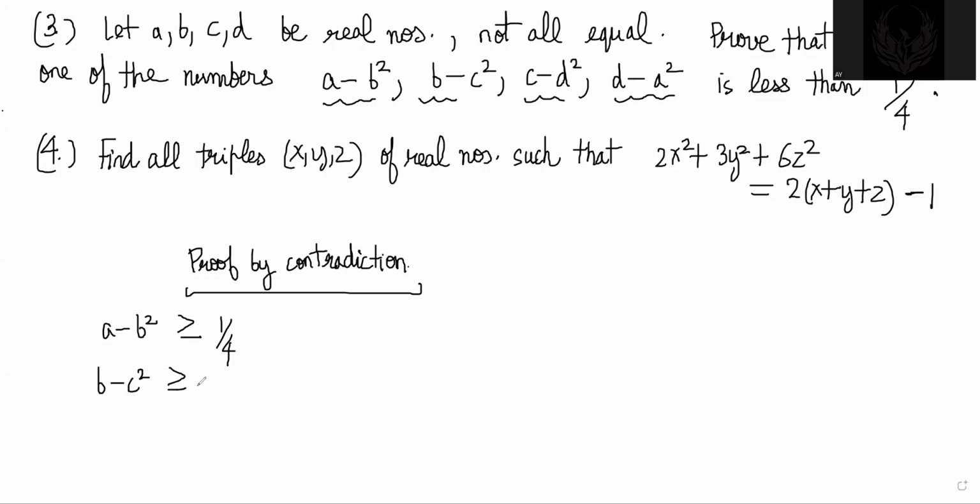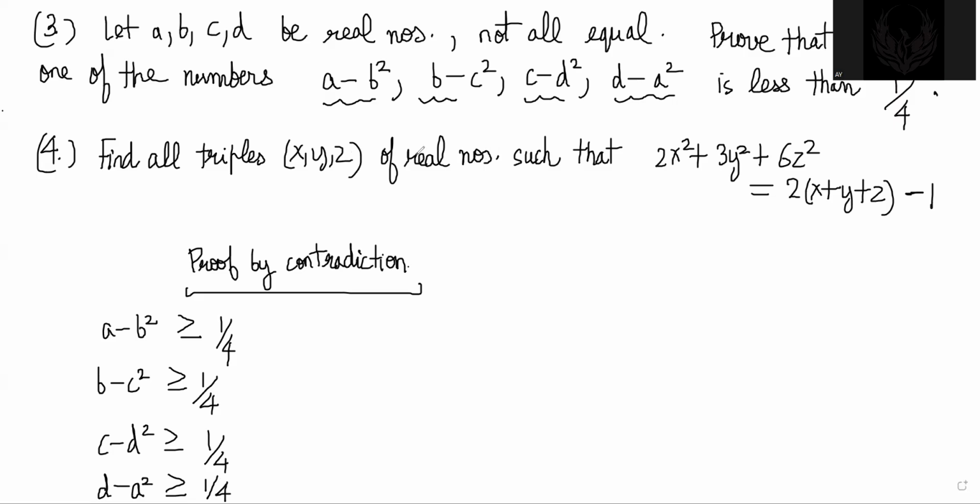That will give you some concrete steps after which you can do something. Otherwise, you will be stuck. Contradiction is an easier statement to make, because if you try to prove it directly, there could be many cases: just one of them is less, or multiple of them are less.